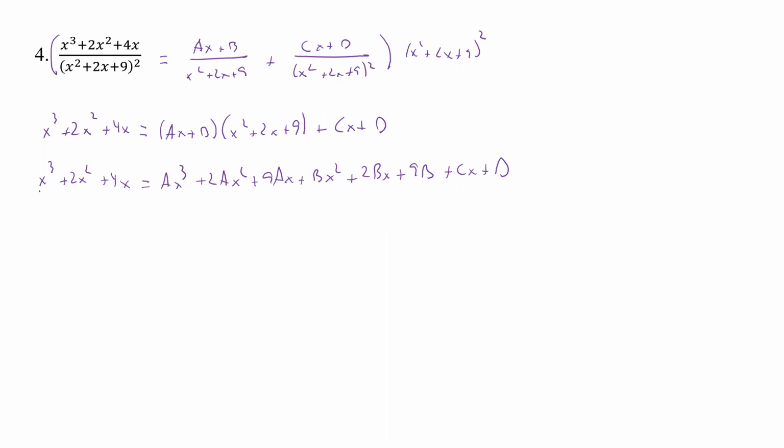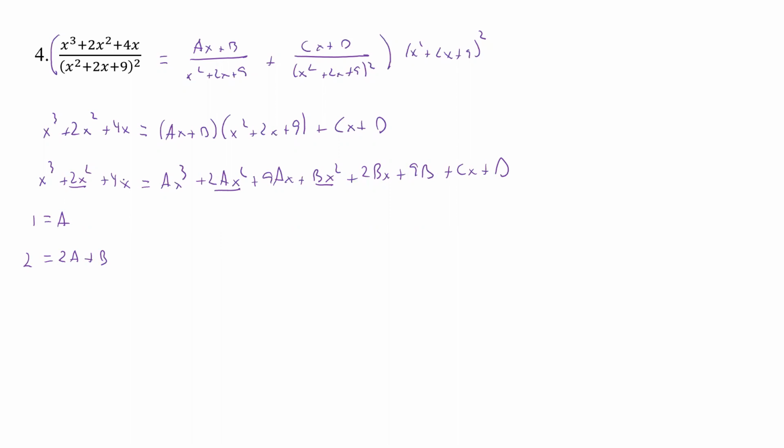All right, so we've got 1x cubed, so we have 1 is equal to a. So we've got that already. Now we've got x squared terms, and so it looks like 2 equals 2a plus b.